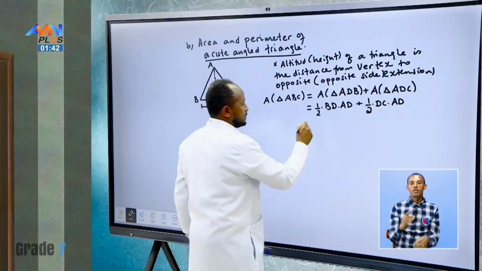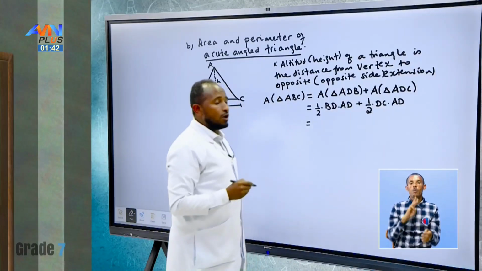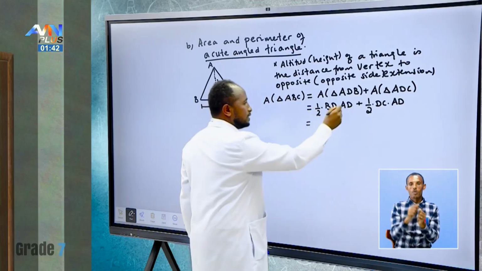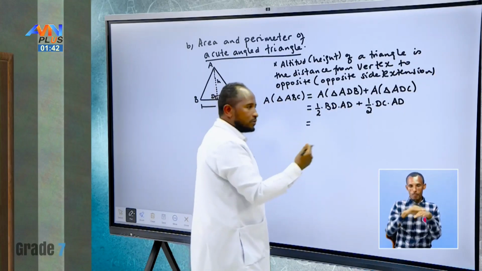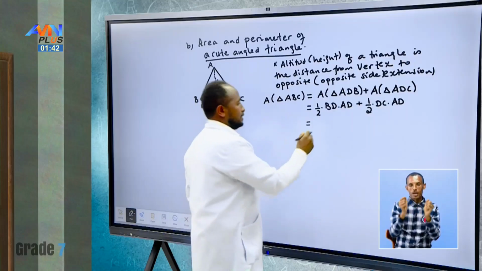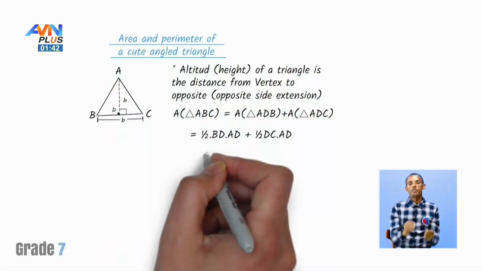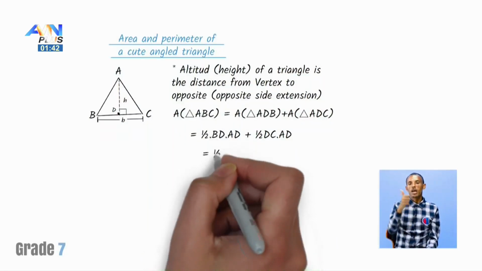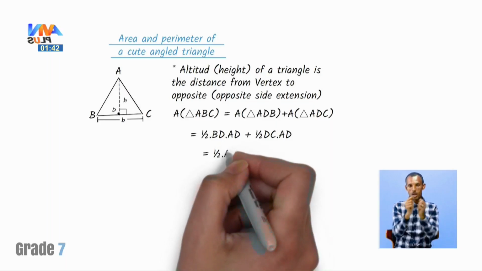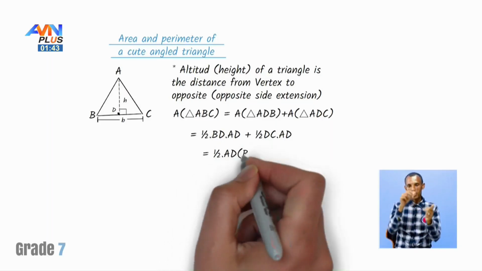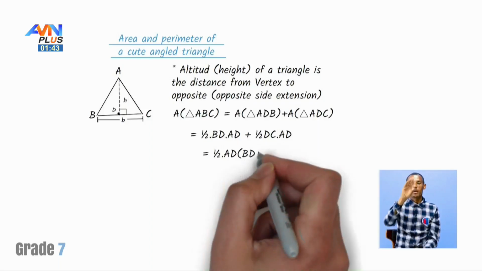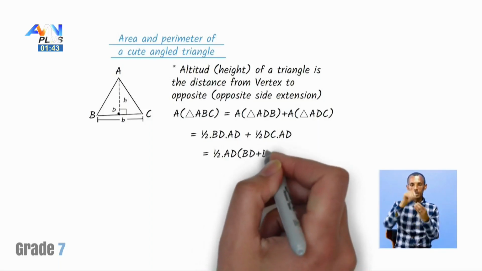Therefore, from this, we can take a common factor. Half and AD are found in both. So using the distributive property, you can take them outside as a common factor. So take these two as common, and you have BD here, plus you have DC here.